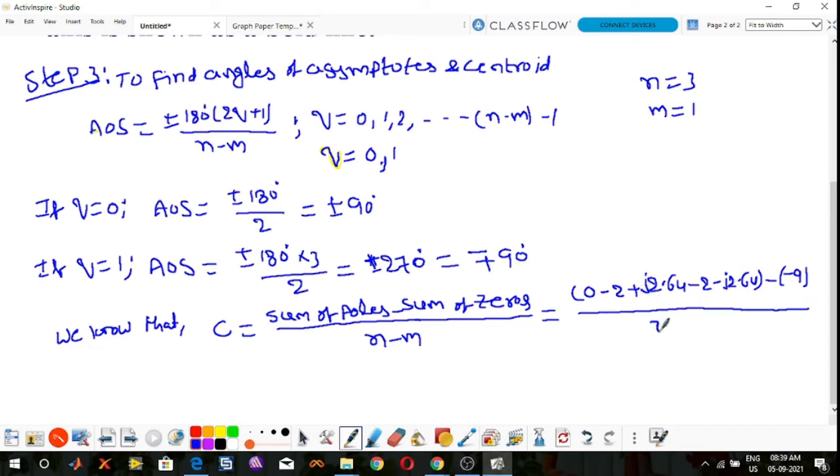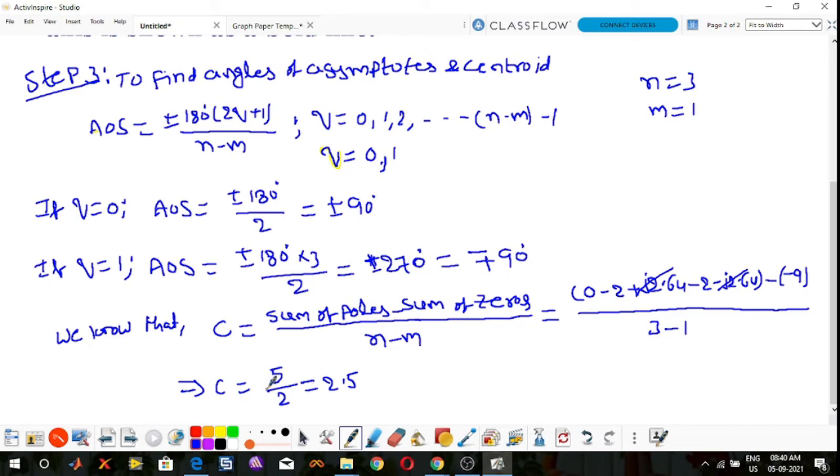N is equal to 3, m is equal to 1. So plus j 2.64 and minus j 2.64 cancel. Minus 2 minus 2 is minus 4, minus into minus gives plus 9, so minus 4 plus 9 is plus 5, divided by 3 minus 1, 2. 5 divided by 2 is 2.5. So the centroid value is 2.5.